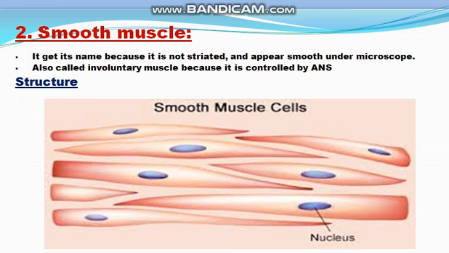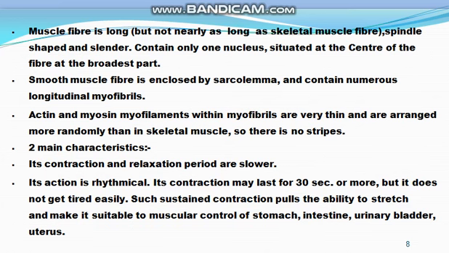This is the diagram showing the smooth muscles, which have elongated cells with a nucleus in the center of the cells, and no light and dark bands are seen in this muscle. So these are also called smooth muscles and they are involuntary muscles.